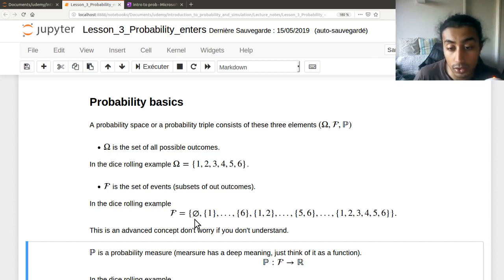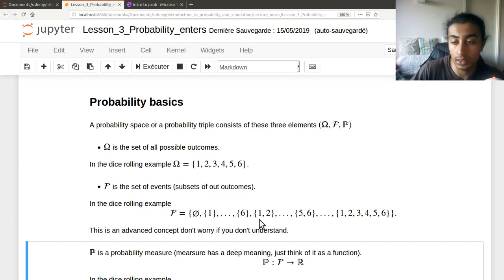You could have the empty set, or you could have it be 1, or you could just have it be 6, right? When you roll a dice, you could also have 1 and 2, or 1 and 3, and all those possible things.